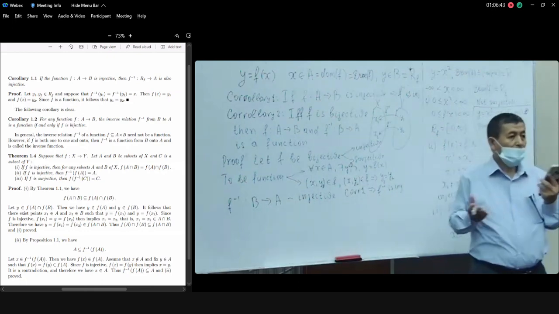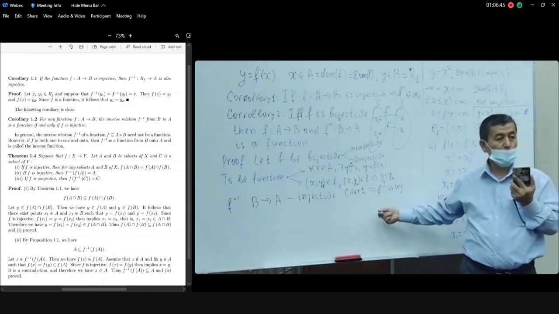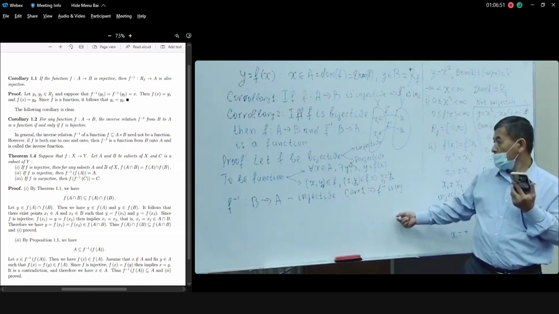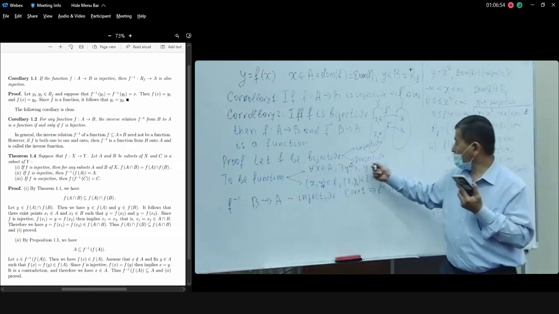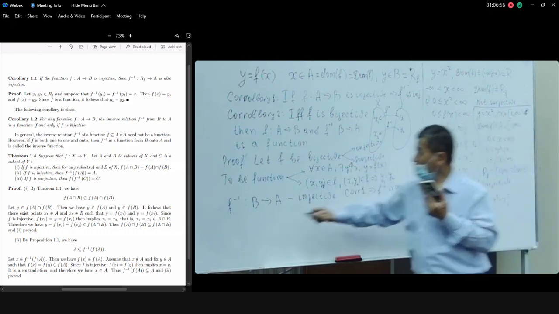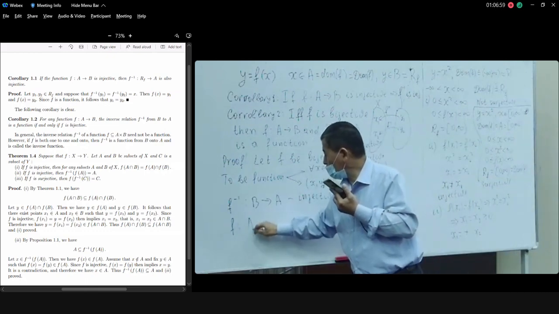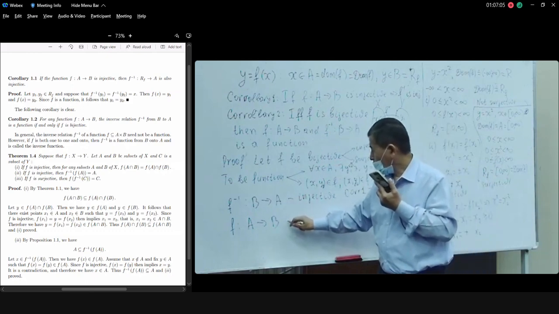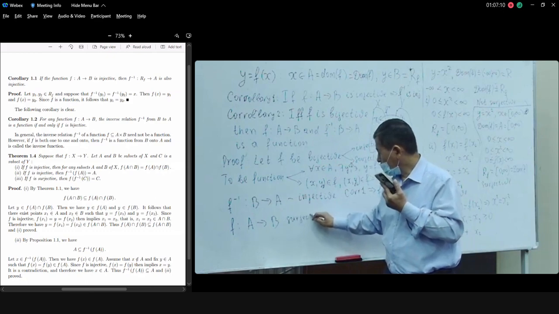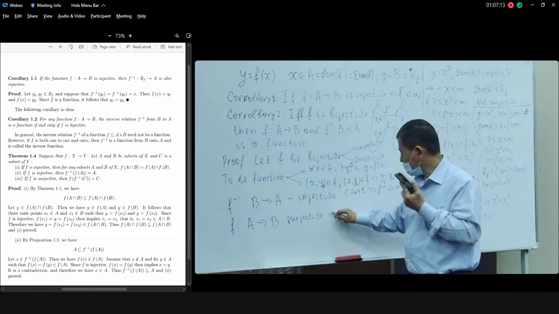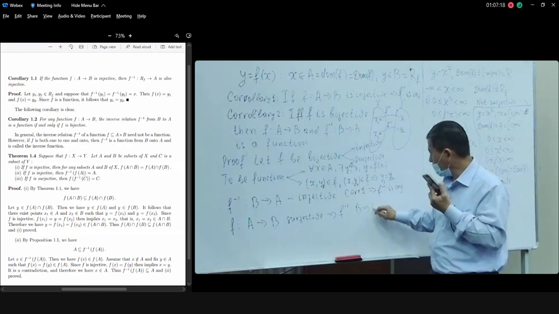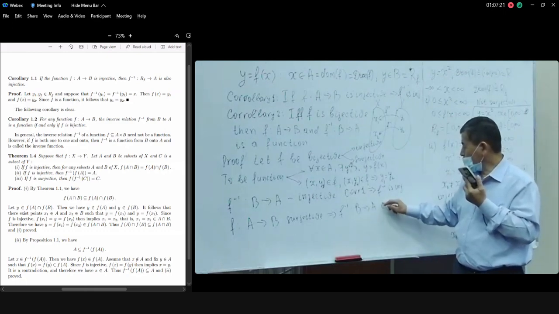So if it is injective, it means it is one-to-one, and since f is bijective, meaning surjective, f mapping A to B surjective implies f minus 1, which maps B to A, is surjective.